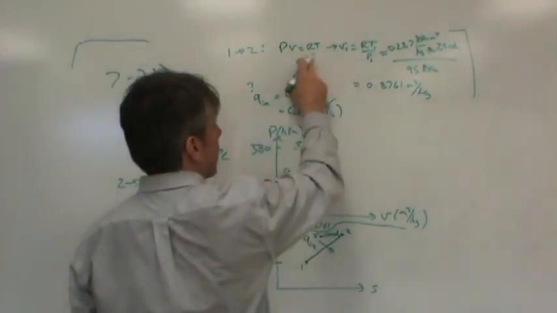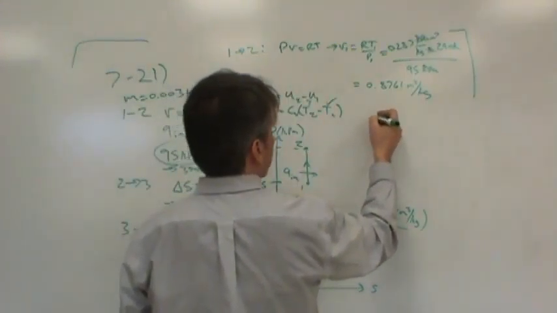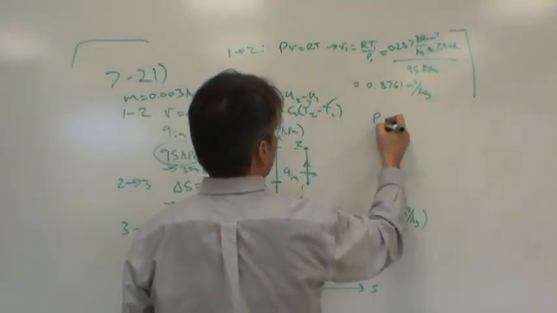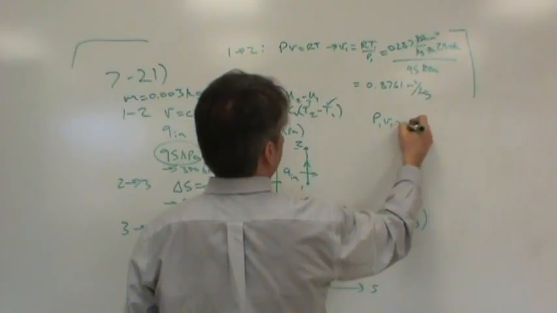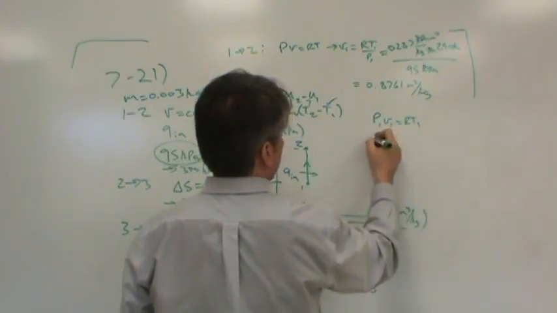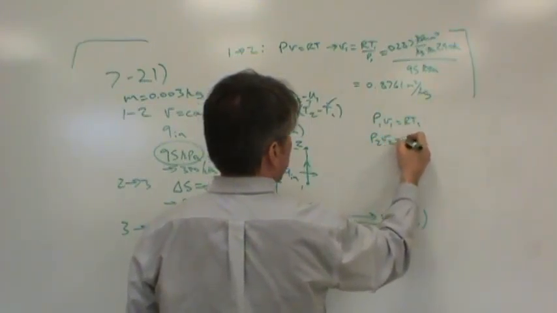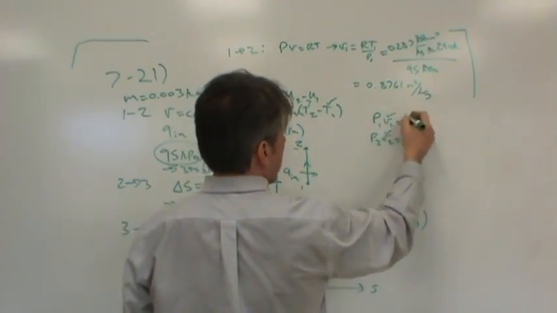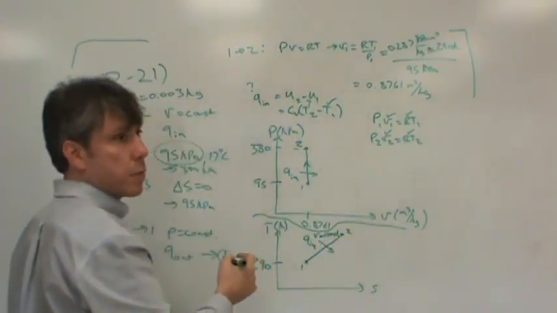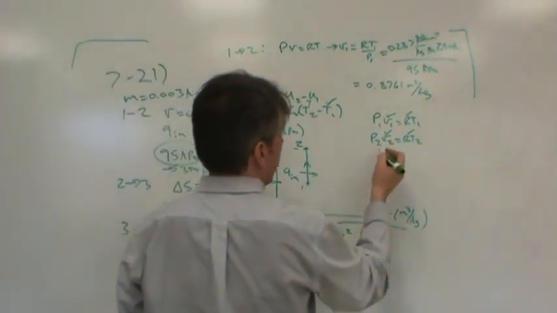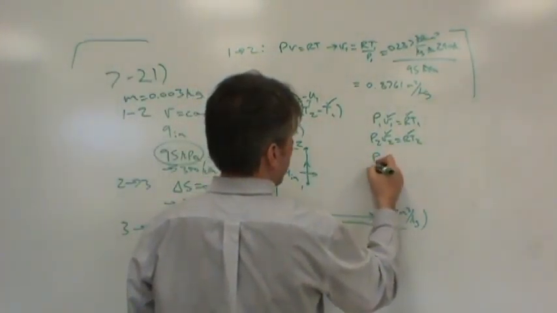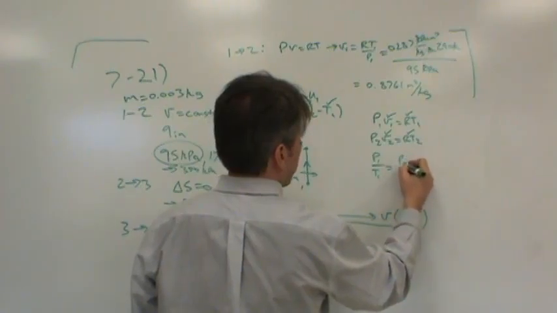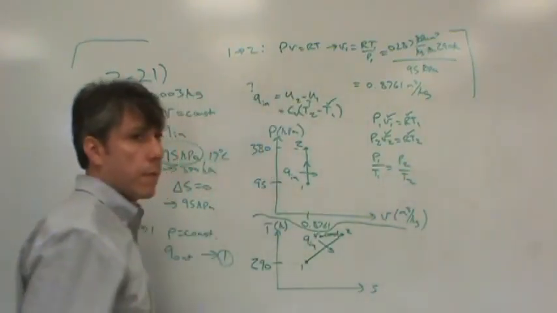But if you look at the gas law, we know that the volume's constant, and so P1 V1 equals R T1, P2 V2 equals R T2, but V is the same and R is the same in both of these because V1 equals V2. And so what that means is that P1 over T1 equals P2 over T2.